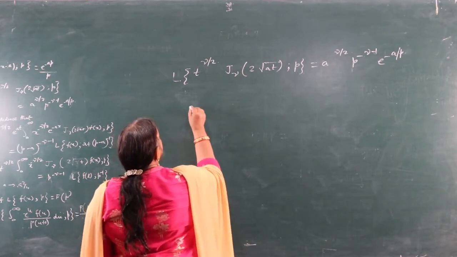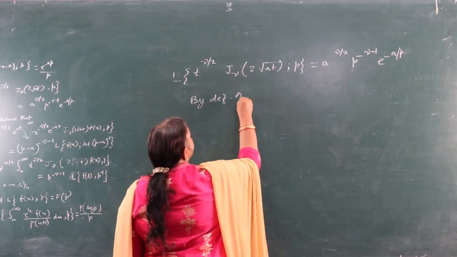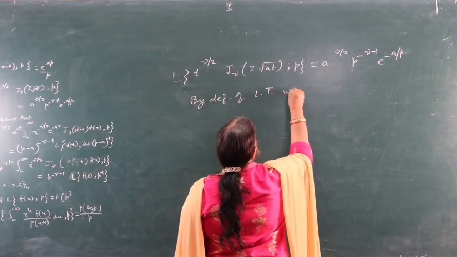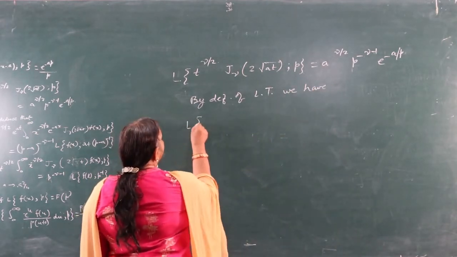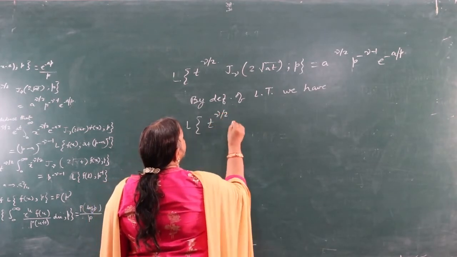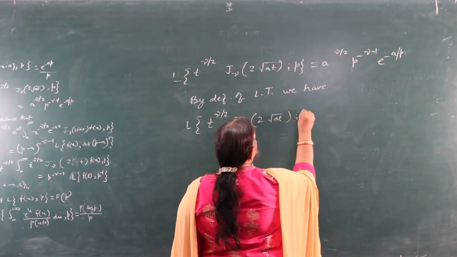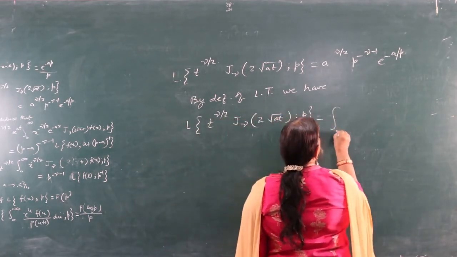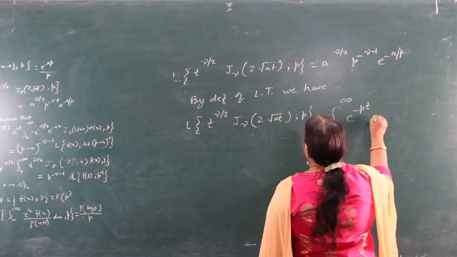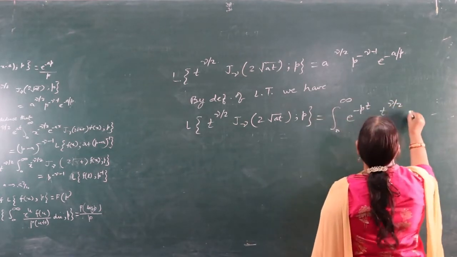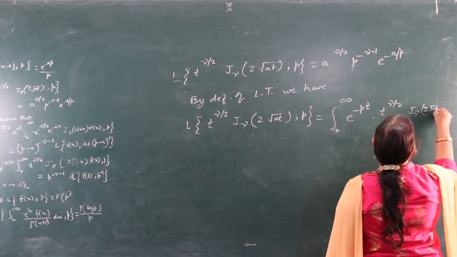Now, by definition of Laplace transform, we have Laplace transform of t raised to power nu by 2 J nu of 2 root a t, p, is equal to integral 0 to infinity e raised to minus pt t raised to power nu by 2 J nu of 2 root a t dt.